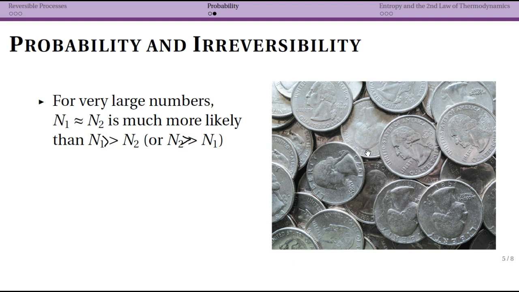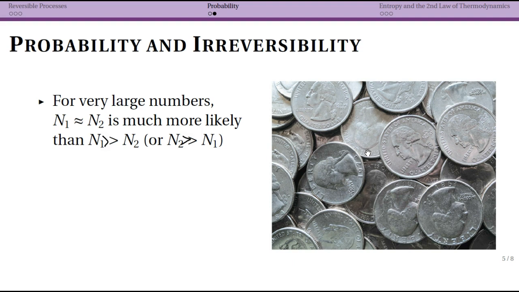If I flip 1 quarter, it's 50% probability it lands heads up, 50% probability it lands tails up. If I flip 2 quarters, there's a 25% probability that they're both heads, a 25% probability that they're both tails, and then a 50% probability that one is heads, one is tails. Now let's say we have 1,000 quarters.